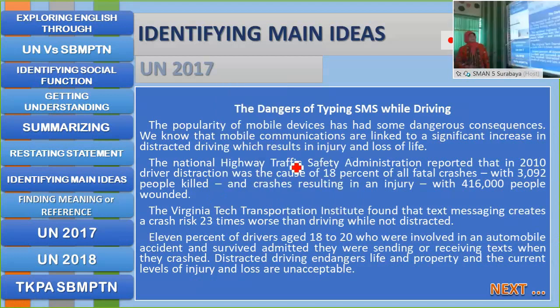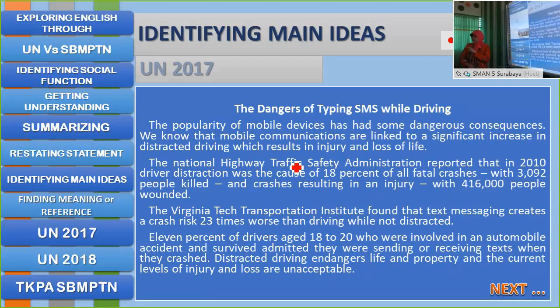Okay. Now, when you look at this text, can you guess what the text is? The dangers of typing SMS while driving. An exposition, okay. Do you know what exposition do you think? Because exposition actually has two types.